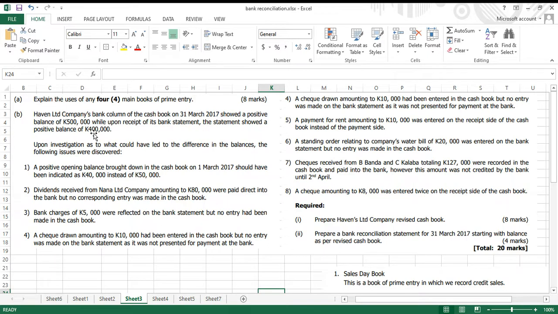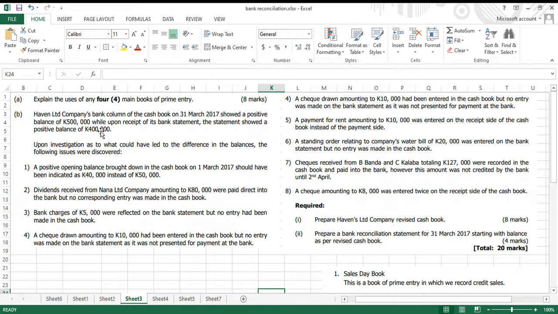But if you see here on this part of the question, it says prepare a bank reconciliation statement for 31st March 2017, starting with balance as per revised cash book. So in this case, when we make our bank reconciliation statement, we're not going to use this bank balance of 400,000. We're going to use our balance from our revised cash book.